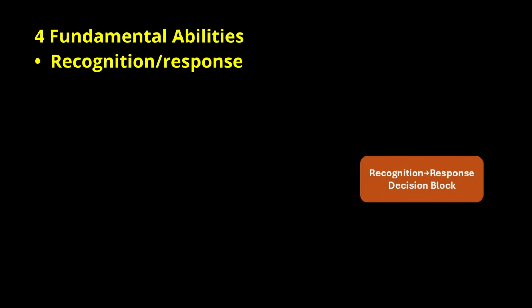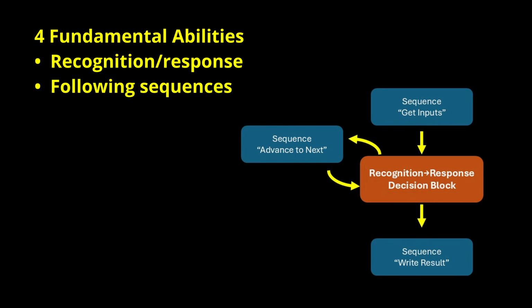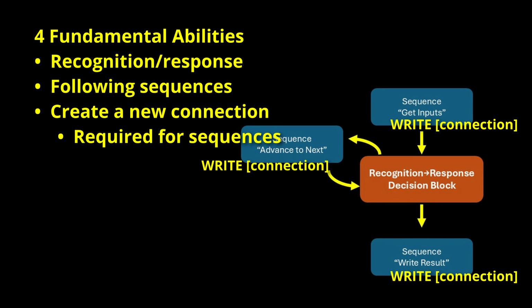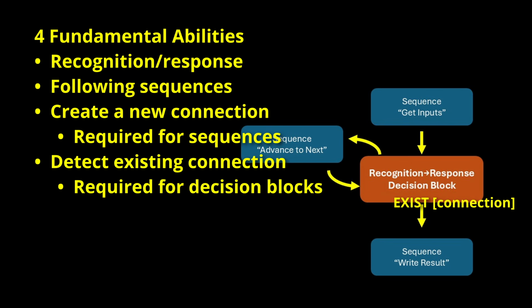First, the ability to recognize a situation and respond, something even simple animals can do. Second, the ability to follow a sequence, which shows up everywhere from walking to other learned routines. And then 2 additional capabilities are needed: the ability to create connections within the brain and the ability to detect whether those connections exist.